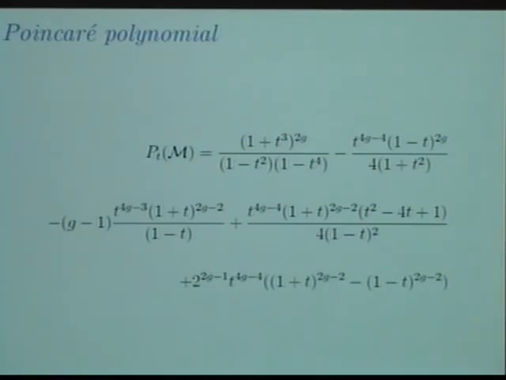There's no point in trying to remember this formula, but I wanted to show it to you because the one thing I would like you to remember, this basic structure, is some polynomials raised to the power g multiplied by some rational functions of t. It's a nice little exercise to convince yourself that this actually does give a polynomial for every g bigger than 1.